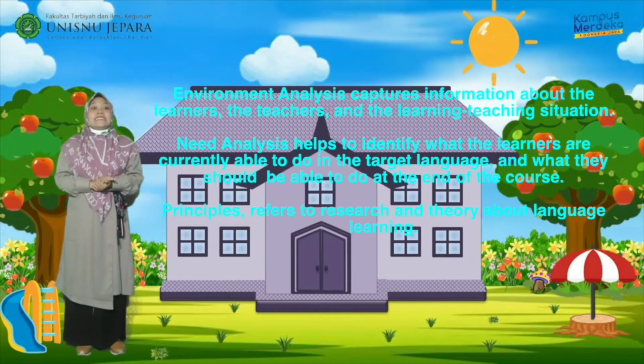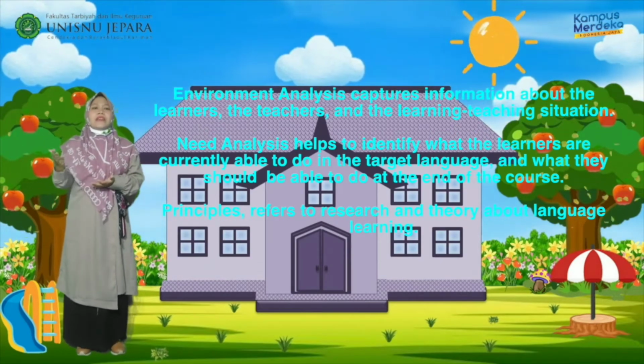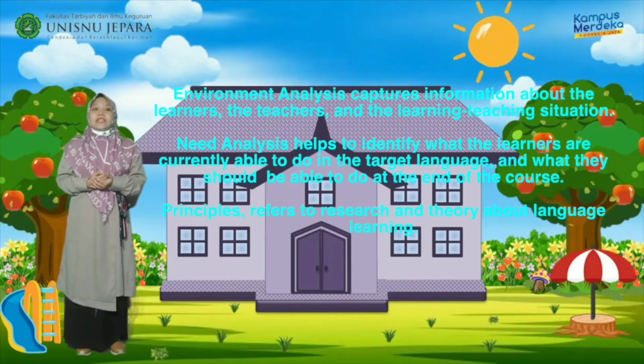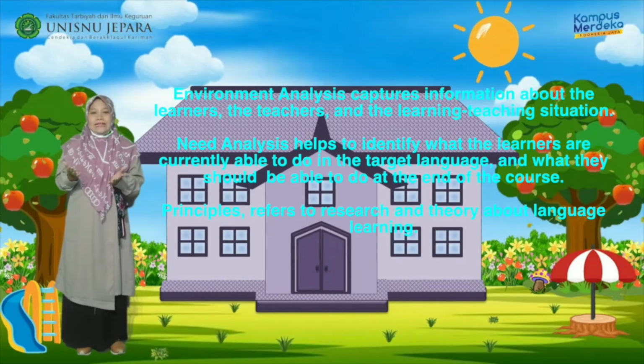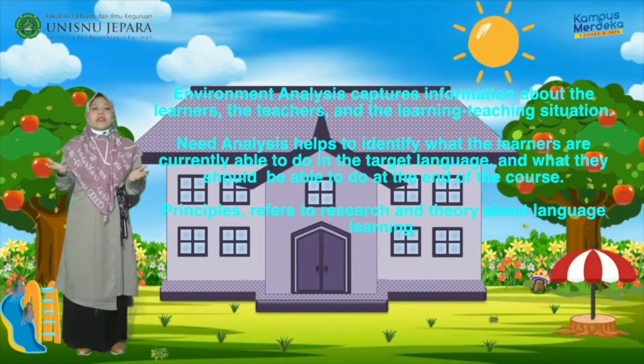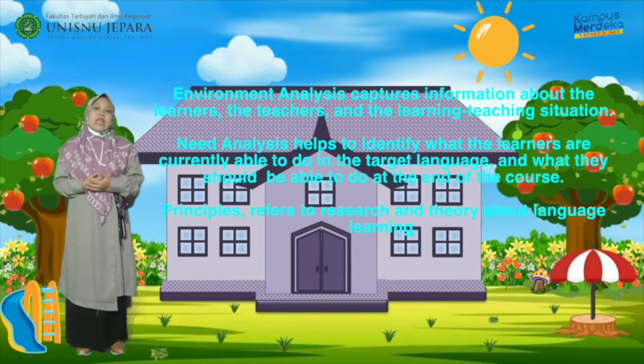Number two, needs analysis helps to identify what the learners are currently able to do in the target language and what they should be able to do at the end of the course. And number three, principles refers to research and theory about language learning.